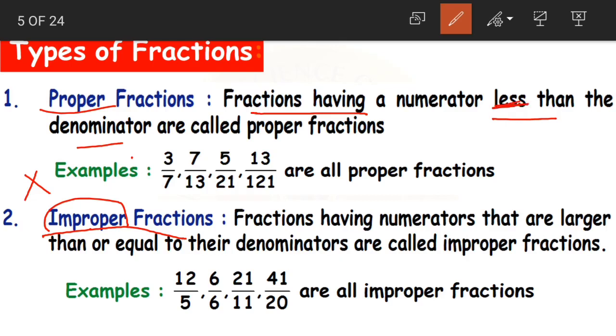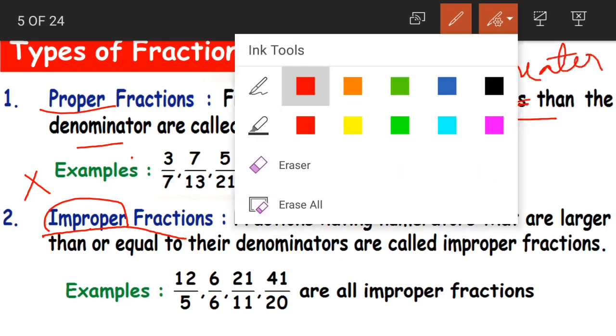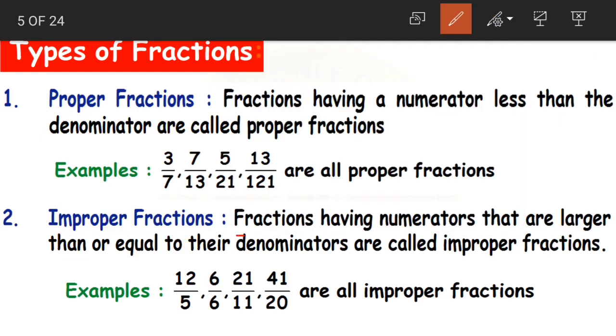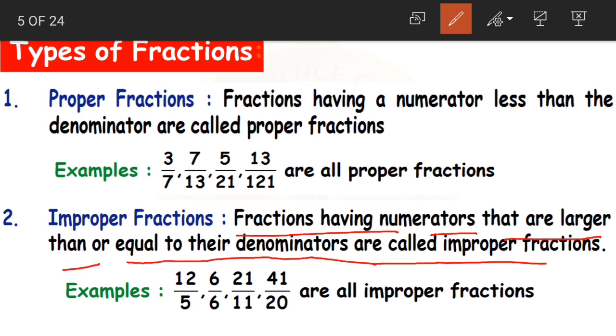Now in improper fractions, the numerator is greater than the denominator. Understood? It is the opposite of the proper fraction. Fractions having numerators that are larger than or equal to their denominators are called improper fractions. What are those fractions having numerators that are larger than?